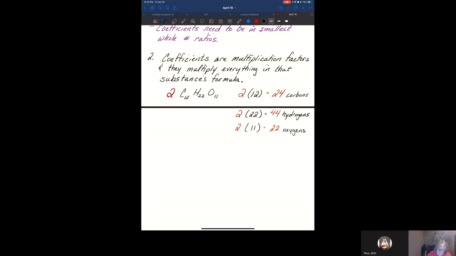It gets a little more complex when we work with polyatomic ions and within parentheses. For example, calcium nitrate, Ca(NO3)2, and just for lack of anything better, I've got a 3 in front of it.